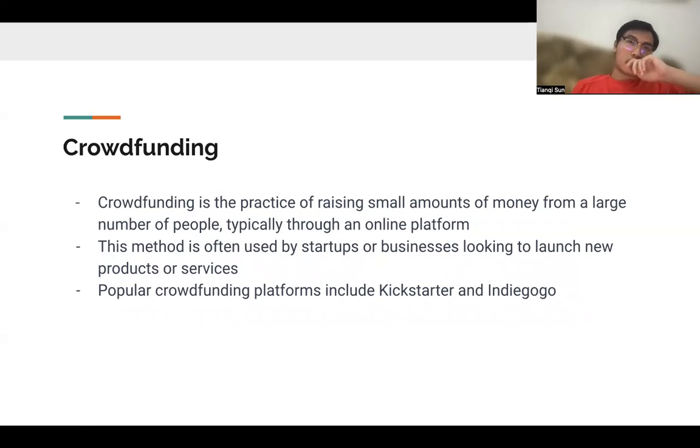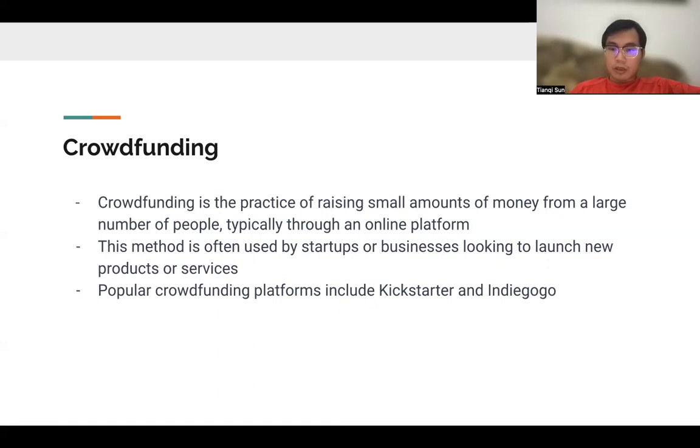So for instance, if I raise $1 from every single person in the United States, that'll be like 30 million. You'll be like, oh, I can give you $1. Oh, he can give me $1. So why can't like 100 people do it? That's basically the logistics behind crowdfunding. A lot of people buy your idea, basically.